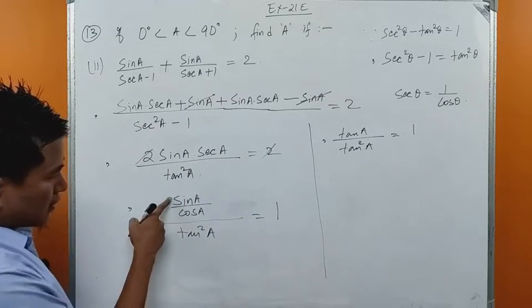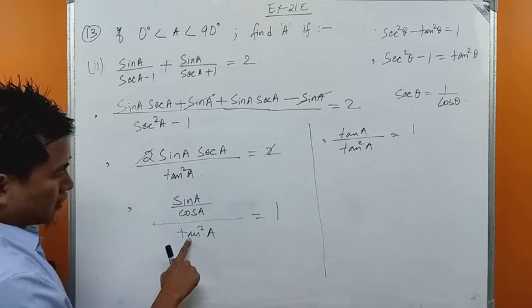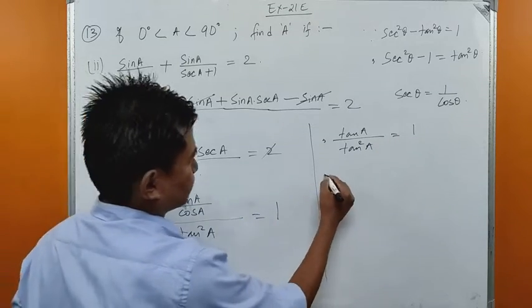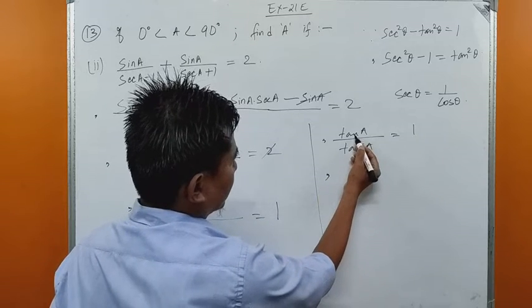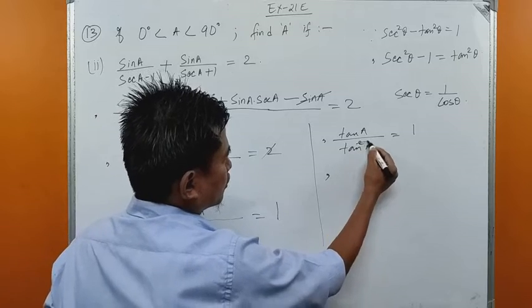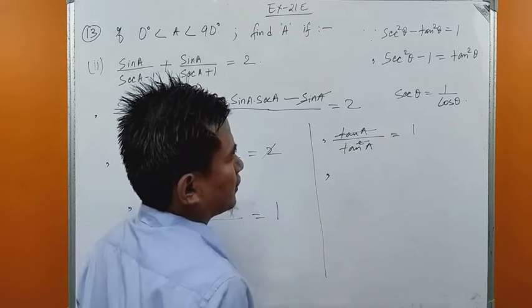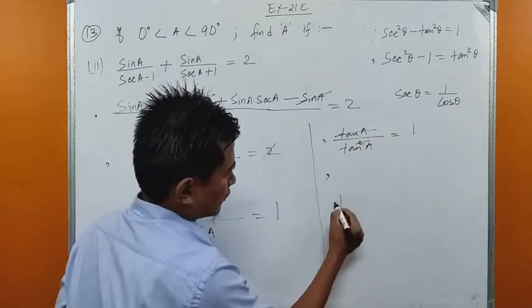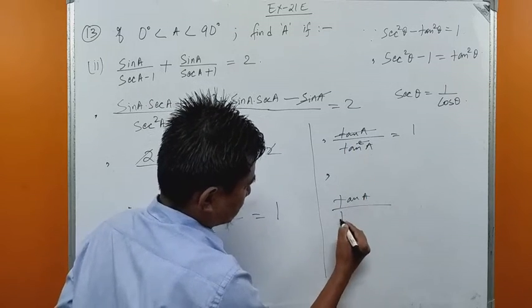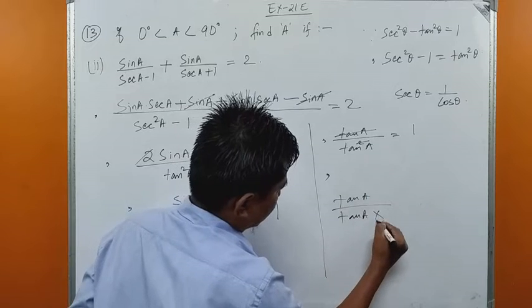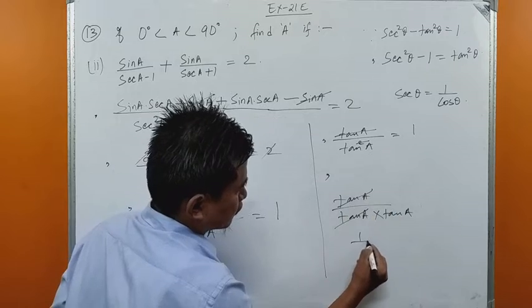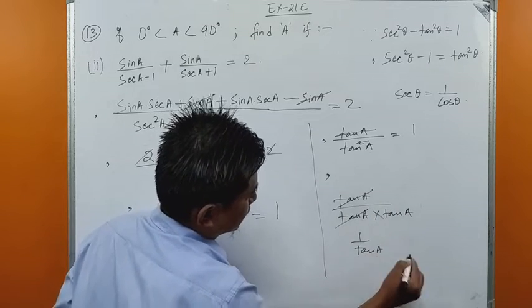Here we have tan A, here we have tan A into tan A. So this tan A and this tan A can be cancelled, so 1 upon tan A, isn't it?